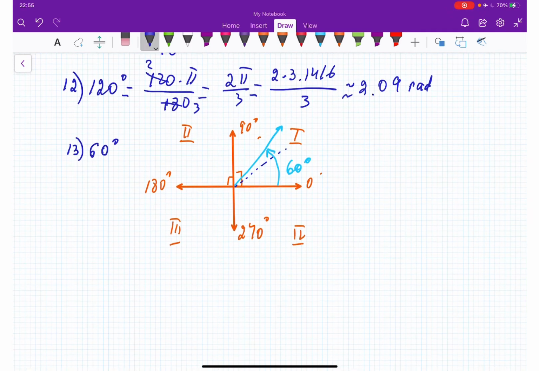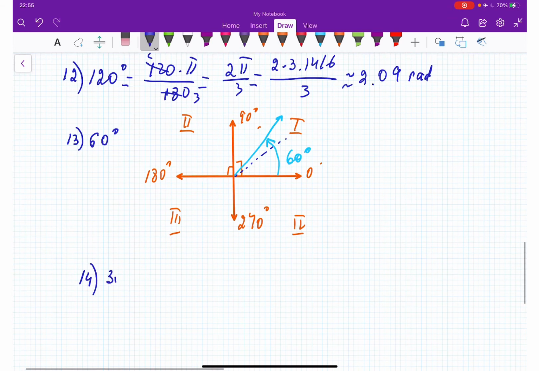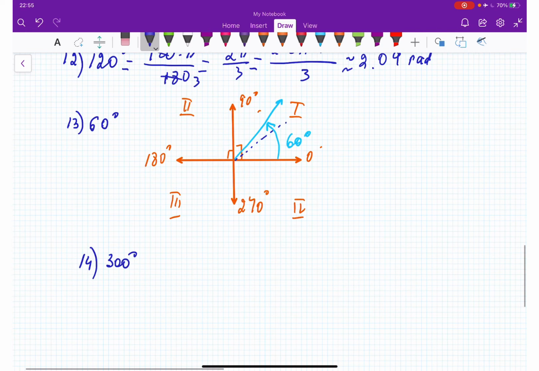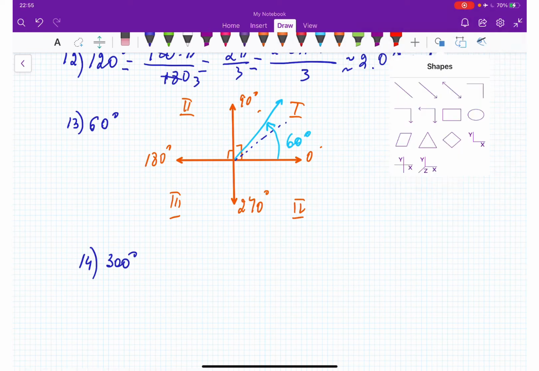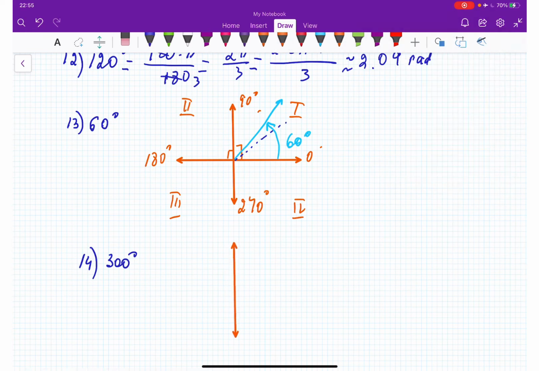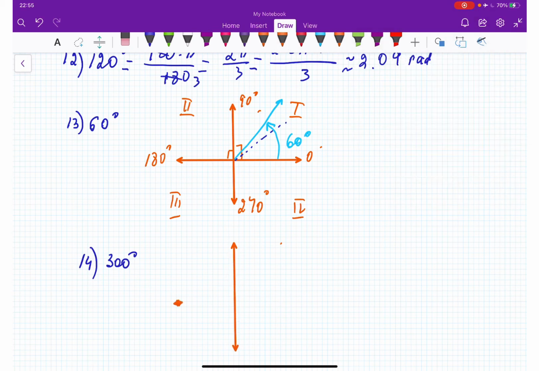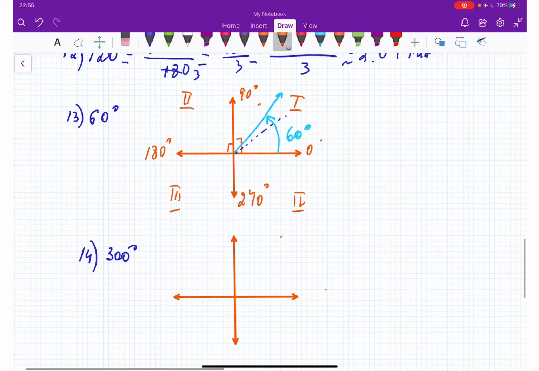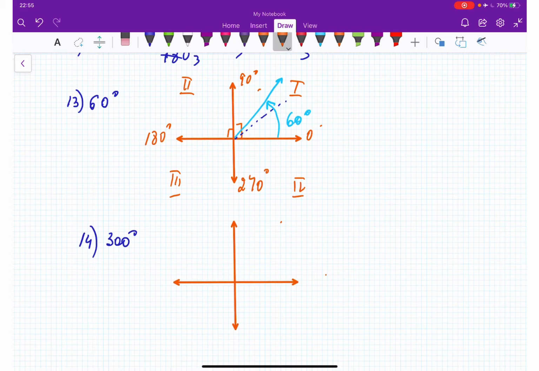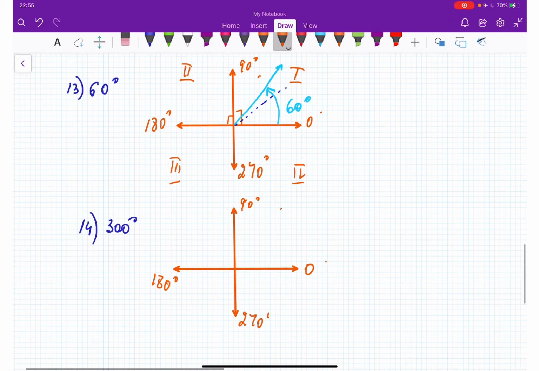Moving to the next one, 300 degrees. So for 300 degrees, how are we going to deal with it? We know that this is 0, 90 degrees, 180 degrees, 270 degrees, and back to 360 degrees.